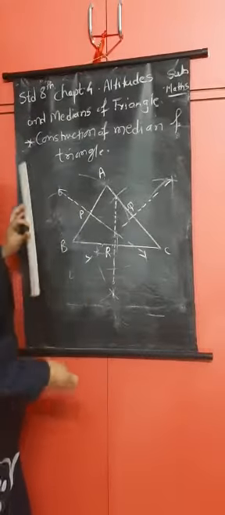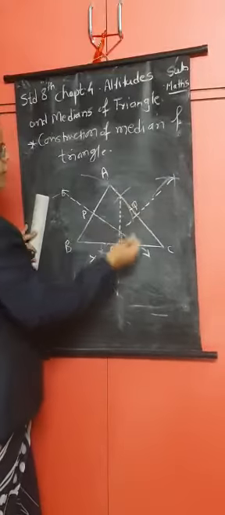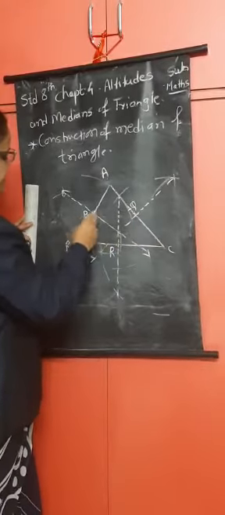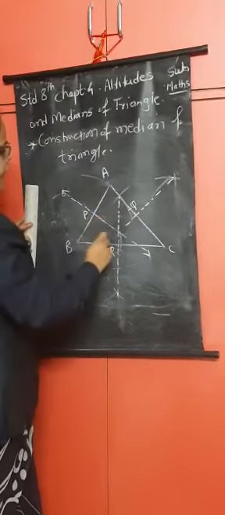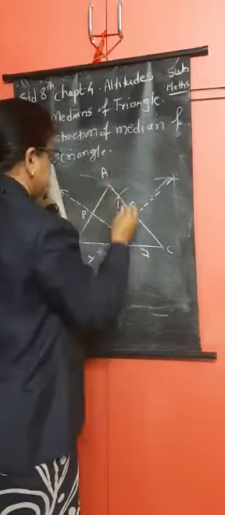Then we join BQ, then join CP, then join AR. In this way, we join the points.